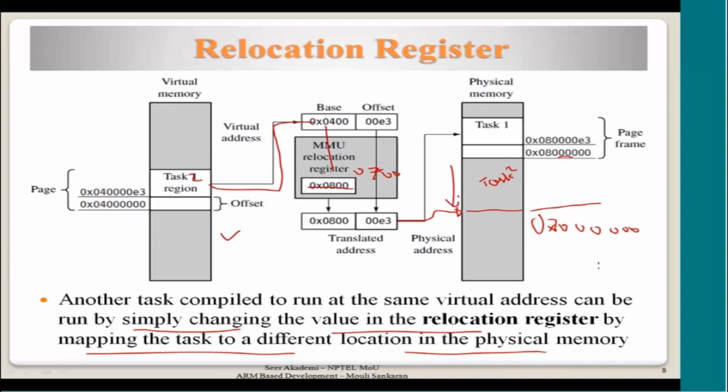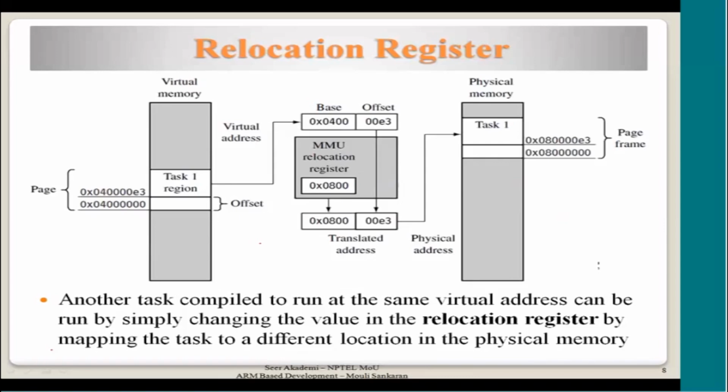Effectively, both this and this memory, code or data, can reside in the physical memory, and based on who is running at a particular time, that will be translated according to the entries here. So you have to modify this entry so that it goes and looks at the other area. This is done by the OS when it is loading the process. That's what we call swapping in, swapping out, or context switch.